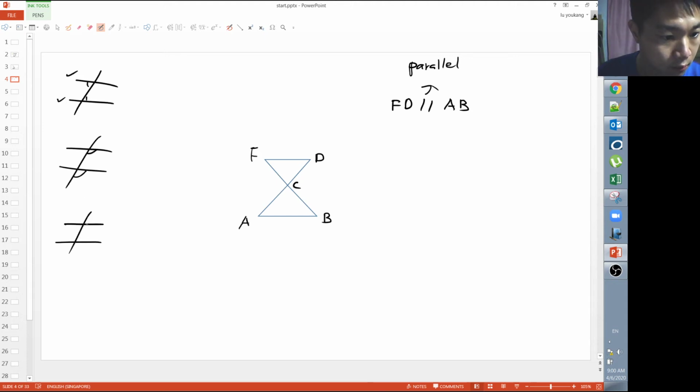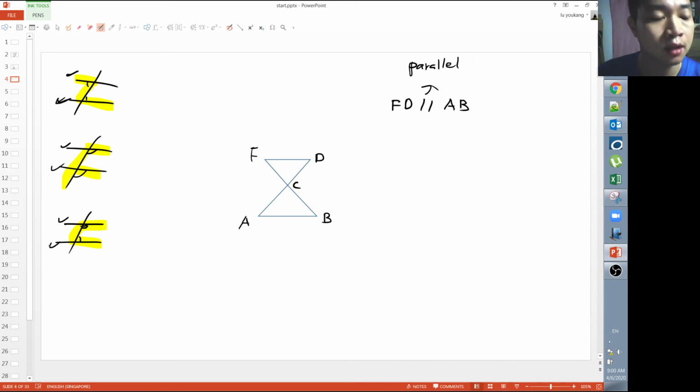I hope you can see this is your Z, this is your F, and this is your C. For each of them, this and this are parallel to each other.